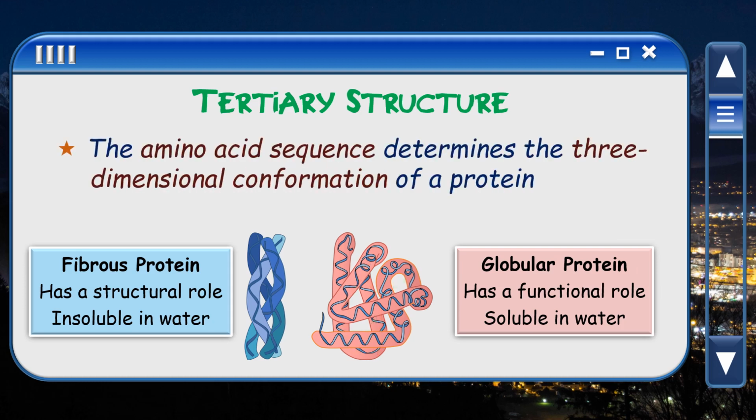Now, still we are saying the amino acid sequence determines the three-dimensional conformation in the protein. So we are saying that this amino acid sequence is the one which is going to determine the three-dimensional conformation of the protein. How are we arranging the amino acids?